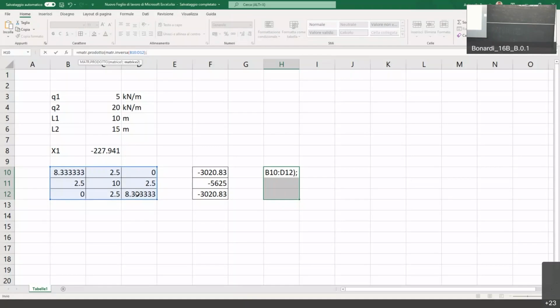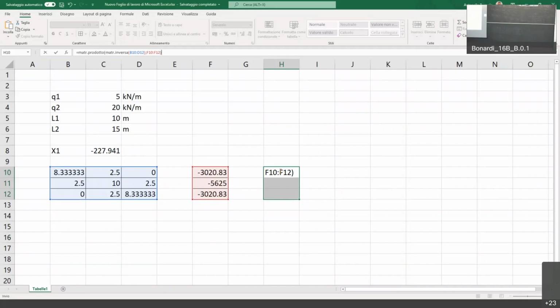Here, Excel suggests how to write our stuff. So, MATR.PRODOTTO between two matrices requires that you write the first matrix and then semicolon the second matrix. So, we have written the first one, semicolon. The second one is just this one. We select not one cell, but the vector. We close the last bracket.